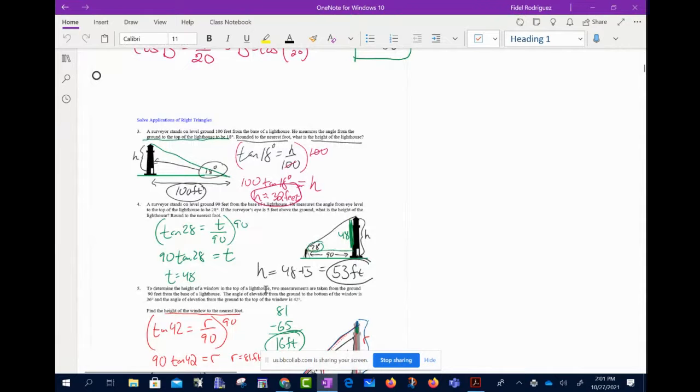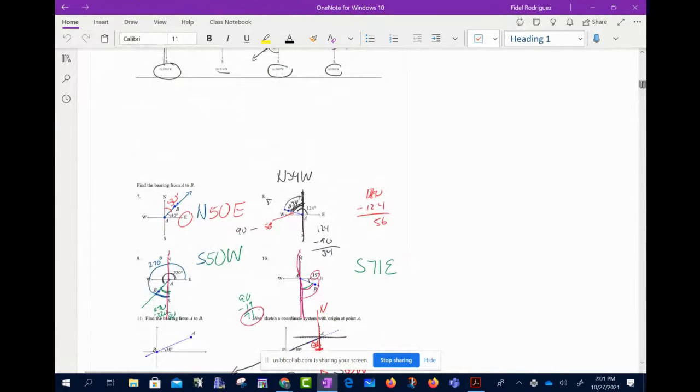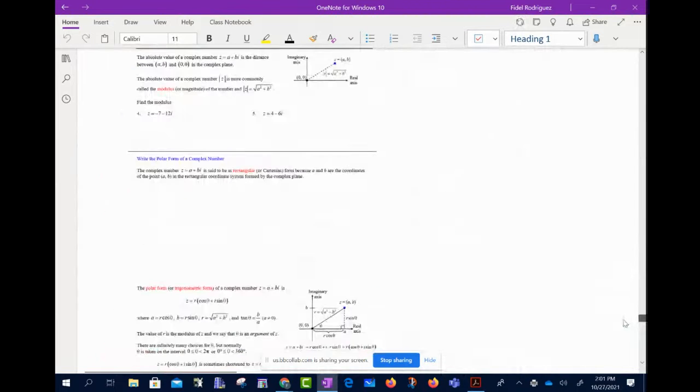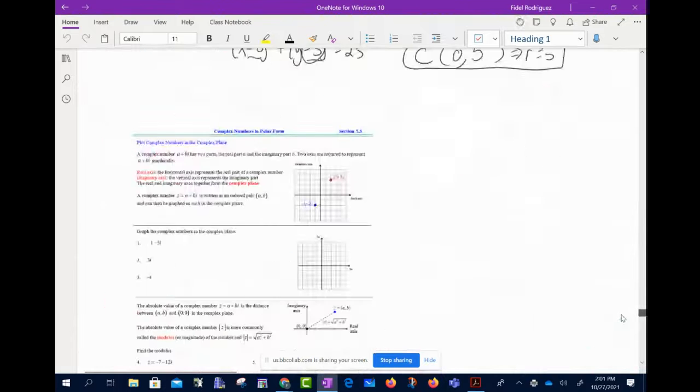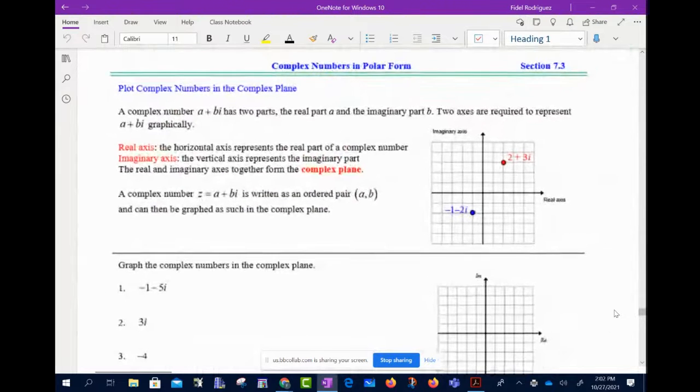Let me scroll all the way down to the bottom. Aha. There we go. All right, so yeah, y'all, we are skipping 7.2.